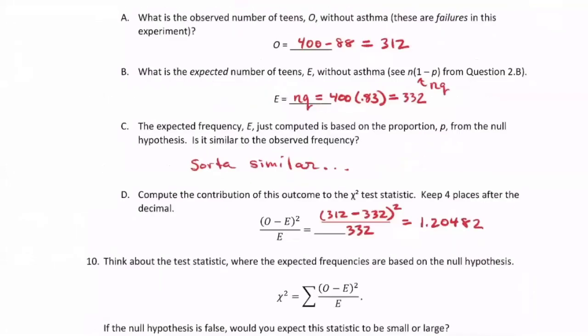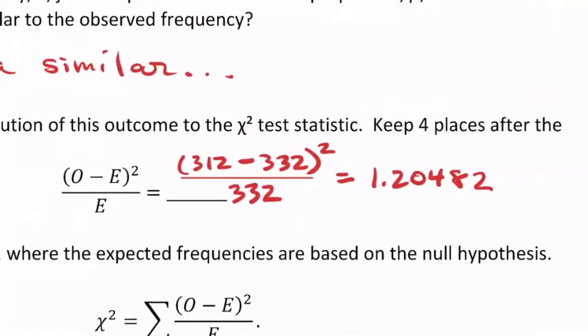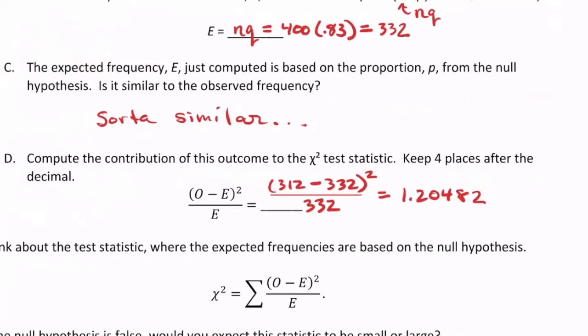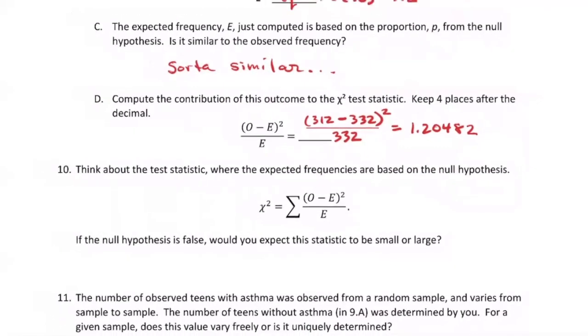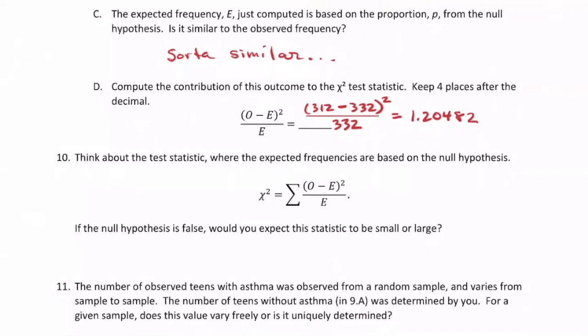But now this measure of deviation for the failures is coming out as 1.20-ish, and that's just not as big a deal. So in that sense, the failures have less deviation between observed and expected.